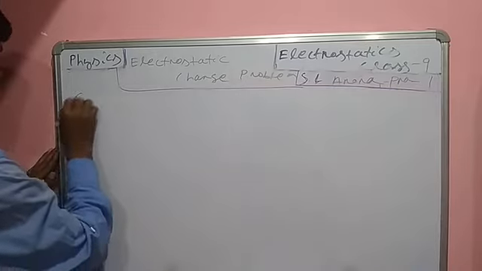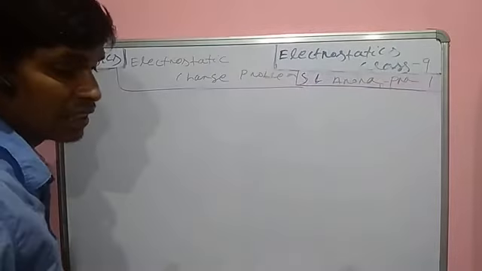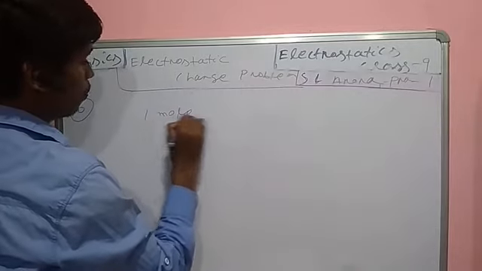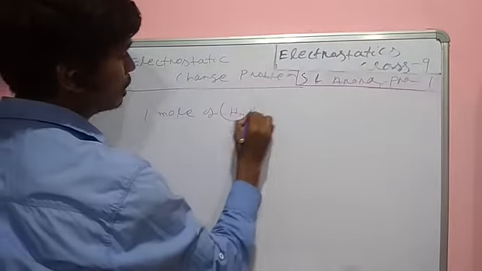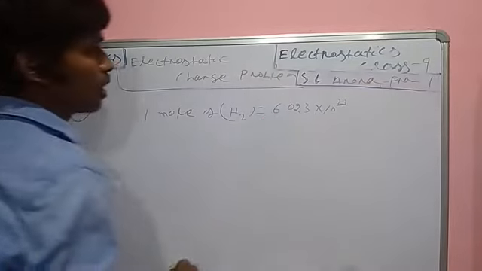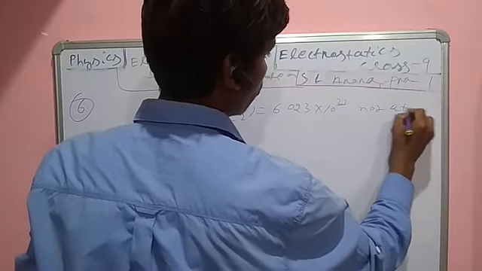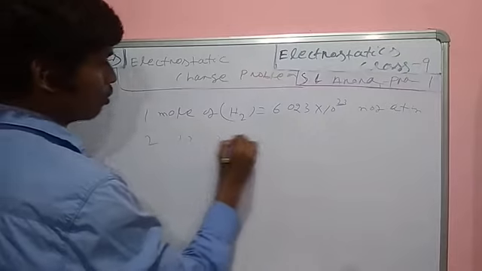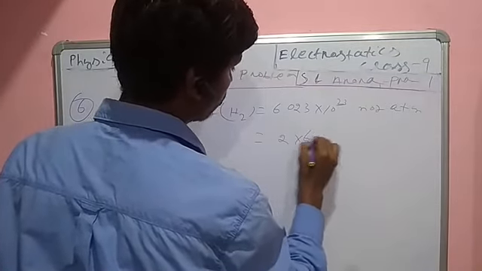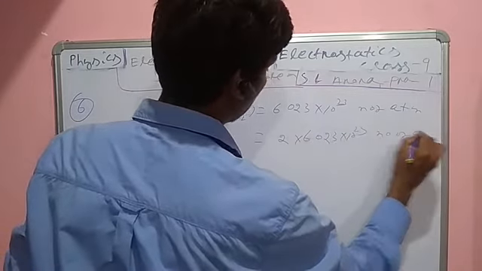Question number 6. How many megacoulombs of positive or negative charge are present in 2 moles of neutral atoms? And 1 mole of H2O is equal to 6.023 into 10 to the power 23 number of atoms. 2 moles, 2 into 6.023 into 10 to the power 23 number of atoms.